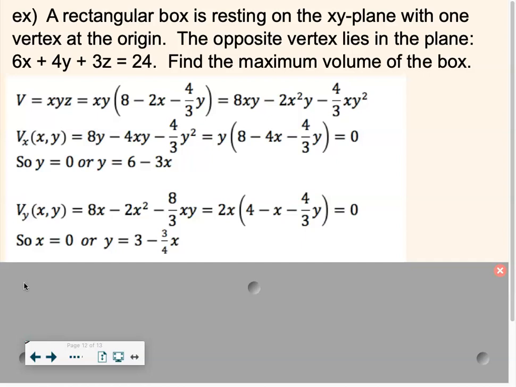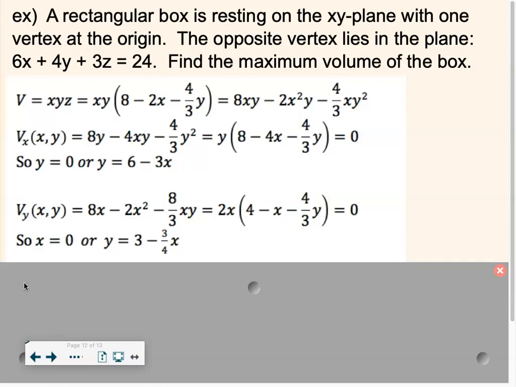Good point. What was your x value? 4/3. Did you get the same thing? What did you get for your final answer for the volume?